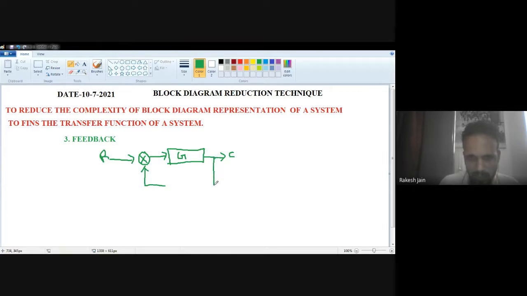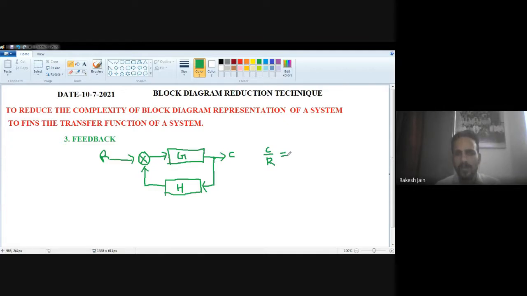I have already told you about the closed loop control system. Some part of the output, represented by H, is fed back to the input. Now, how do we write down the transfer function of this kind of question?